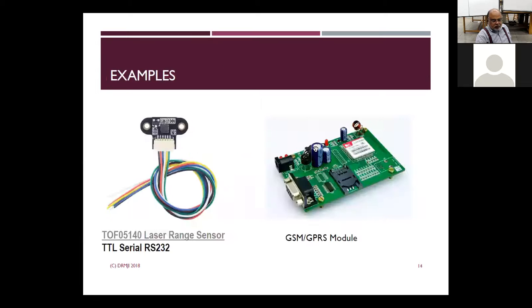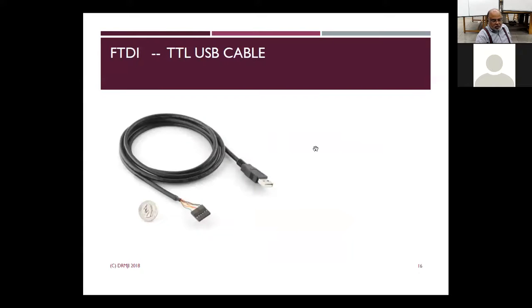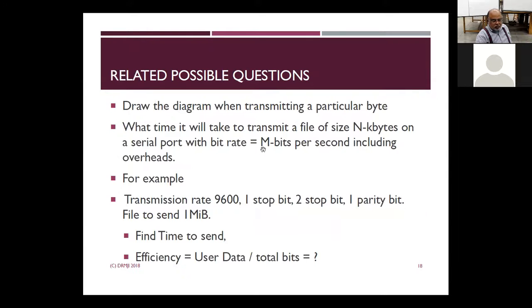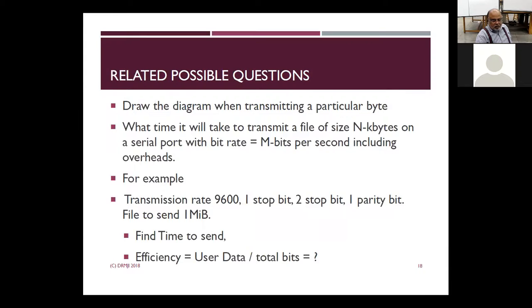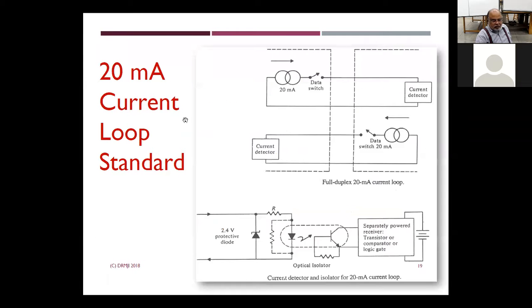So this standard we have already talked about. And there is another thing that is called 20 milliampere current loop. That is exactly the same standard as the serial port, but data is transmitted over a current loop of 20 milliampere.